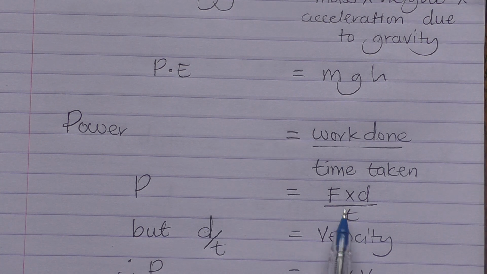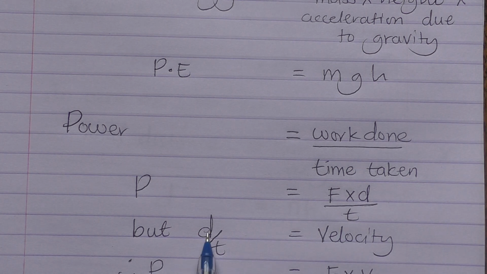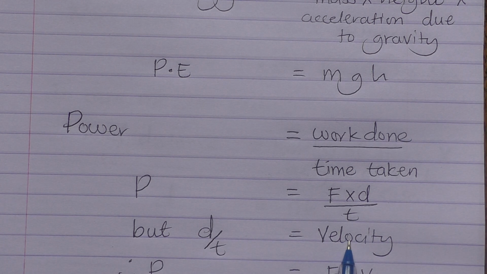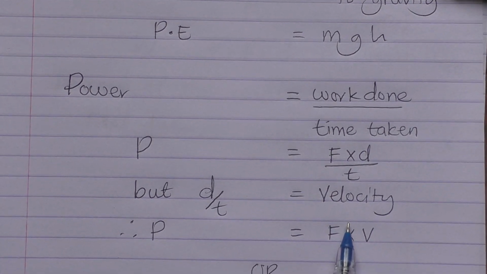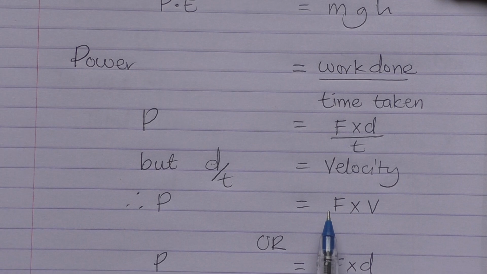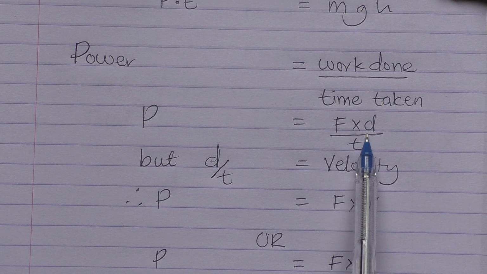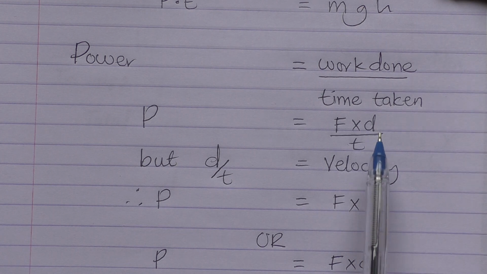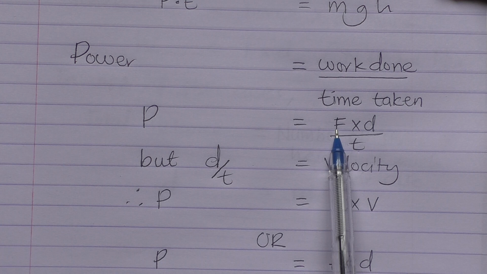But if we divide the distance by time, distance over time gives us velocity. And therefore, that gives us a second formula for power as force times velocity. Remember, this distance is divided by time, then times the force.